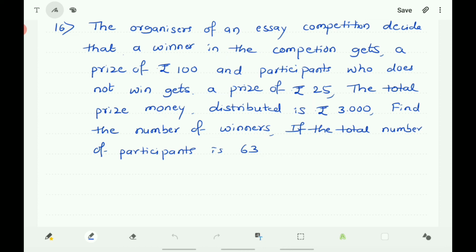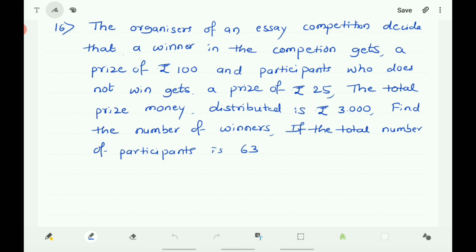Find the number of winners if the total number of participants is 63. The question says that there are 63 participants in total.